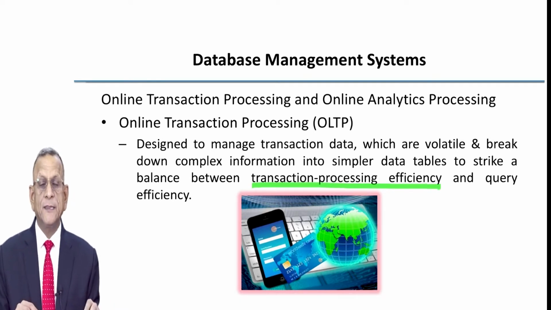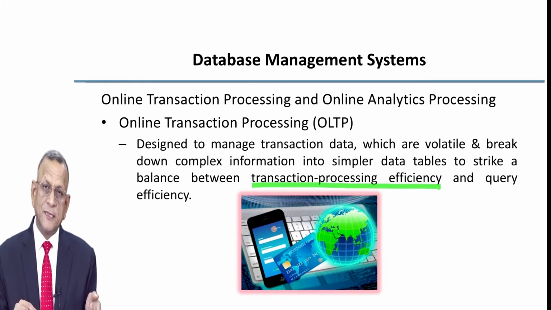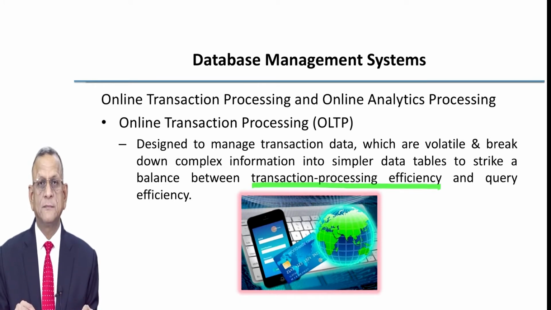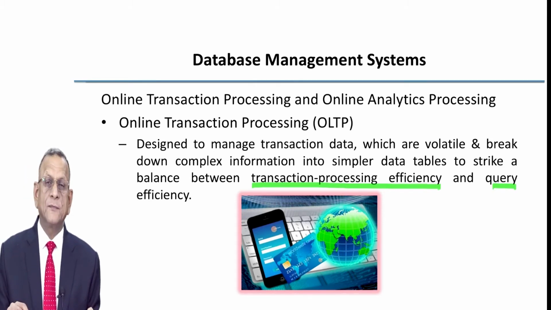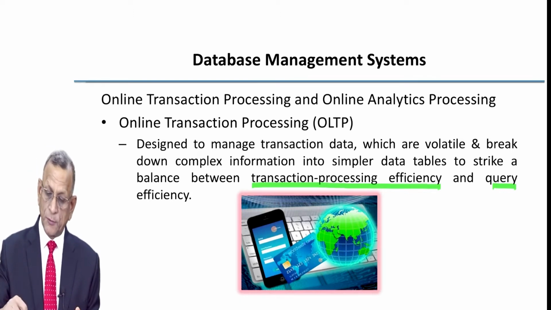efficiently, then for the next query, the data processed by this transaction will be the raw data. Now you can understand that whenever you book a ticket, the next person will be in a position to know that this seat is booked. So online transaction processing and online query have to be highly efficient, otherwise they will not be able to work.